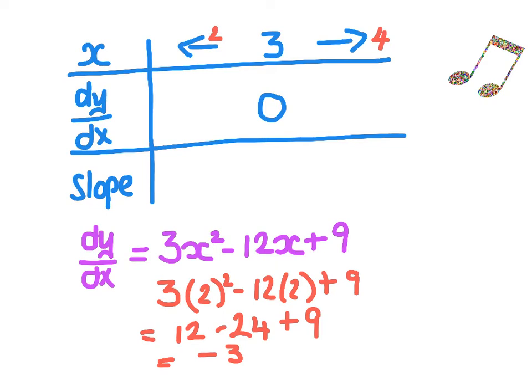But in my table, all I really need to know is that I've got a negative value there, because that tells me that I've got a negative gradient, and it means I know what the slope is going to look like. So now I'm going to do the same calculation for 4.